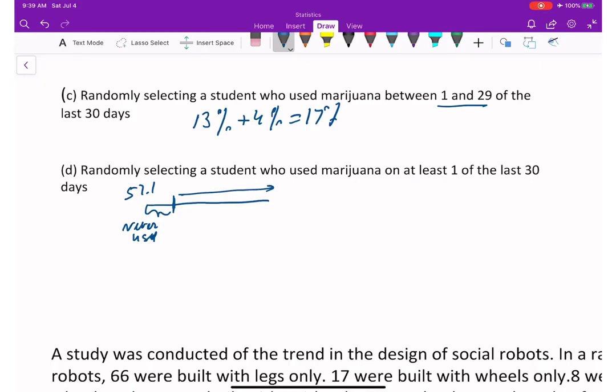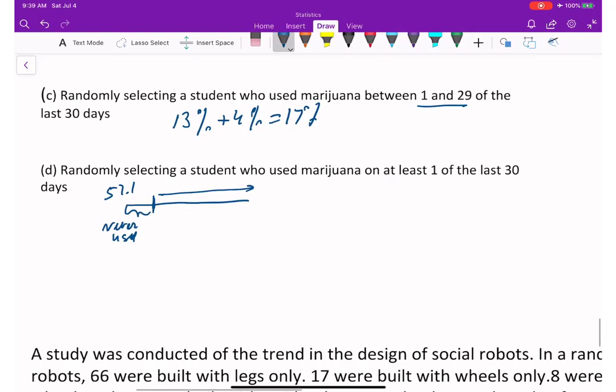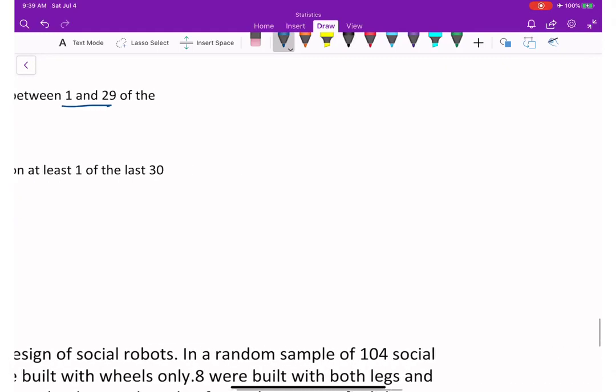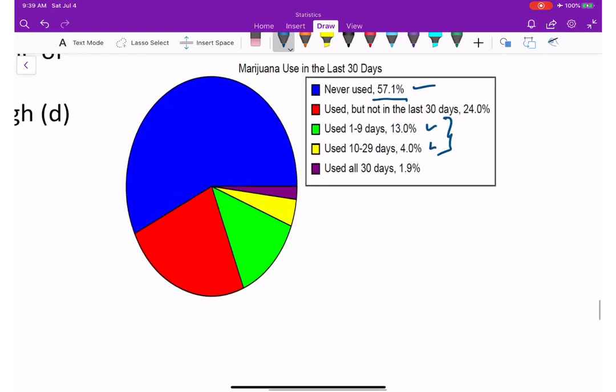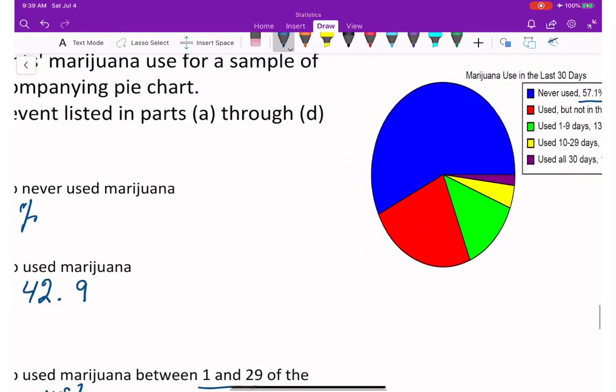To get at least once, we take the ones who smoked between 1 and 9 days, which is 13%, plus 10 through 29, which is 4%.